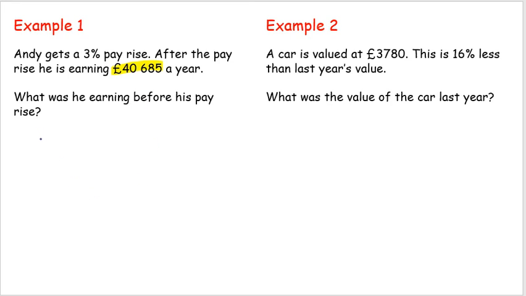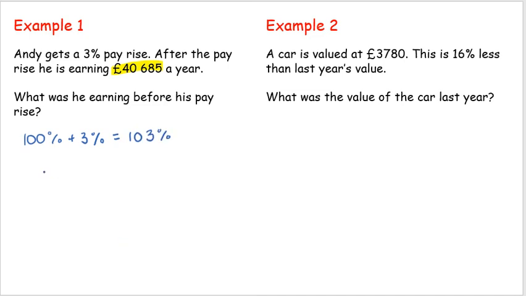Well, let's see if you guessed it or worked it out. If we had our original amount, his original wage, and we added a 3% increase onto that, then his new wage after this percentage increase would be 103%.